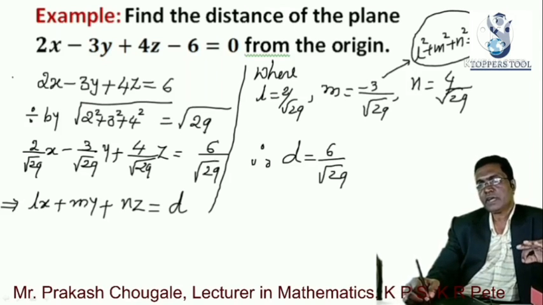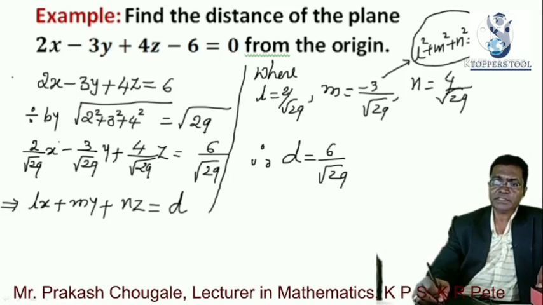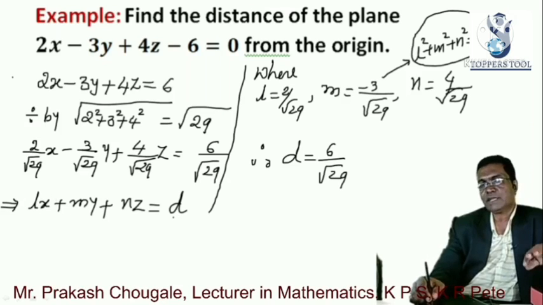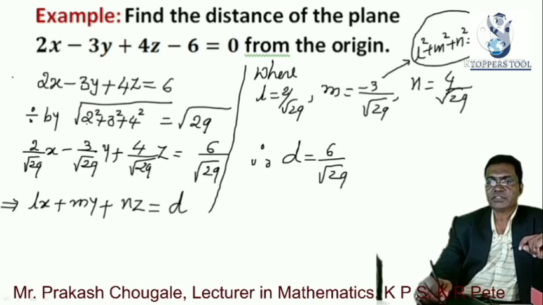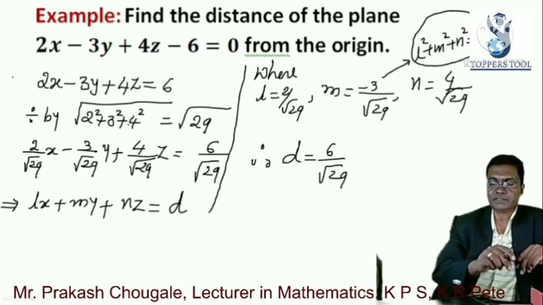So in order to find the value of D, it is essential to bring any given plane into the form Lx plus My plus Nz equal to D by dividing by this quantity, the square root of 2 square plus 3 square plus 4 square, like this.